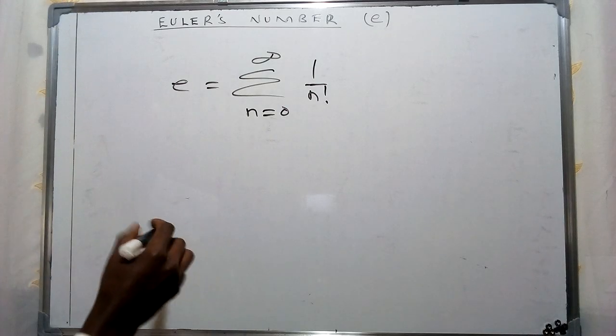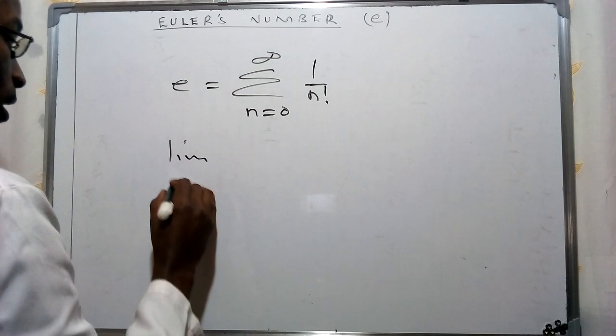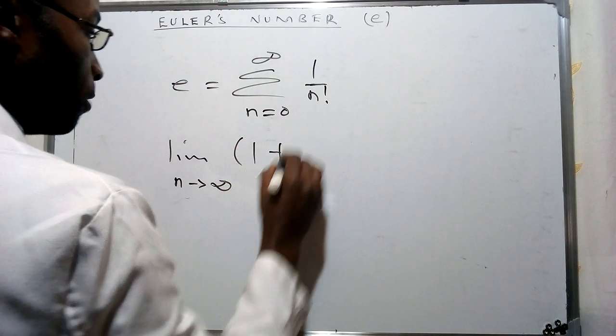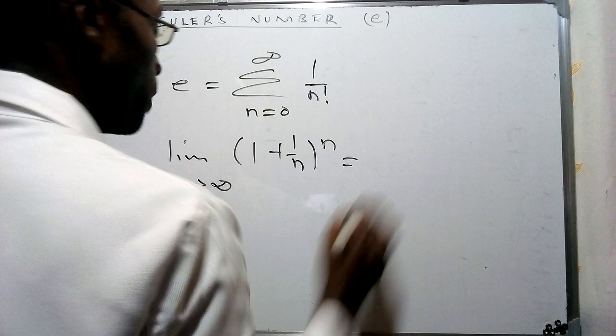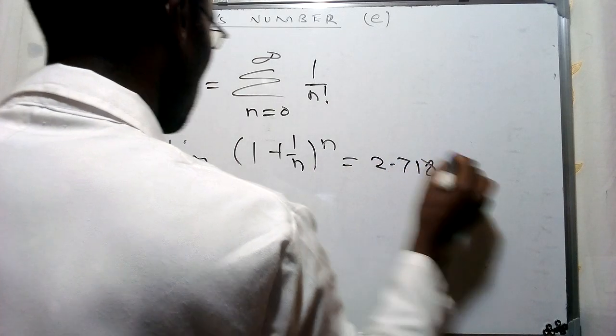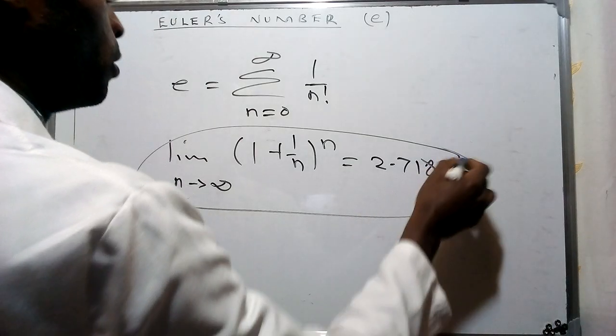So in our representation, for the equation which we are given for its derivation, as n tends to infinity of this expression, we're going to have this one given as 2.718, which is going to be forming our Euler's number.